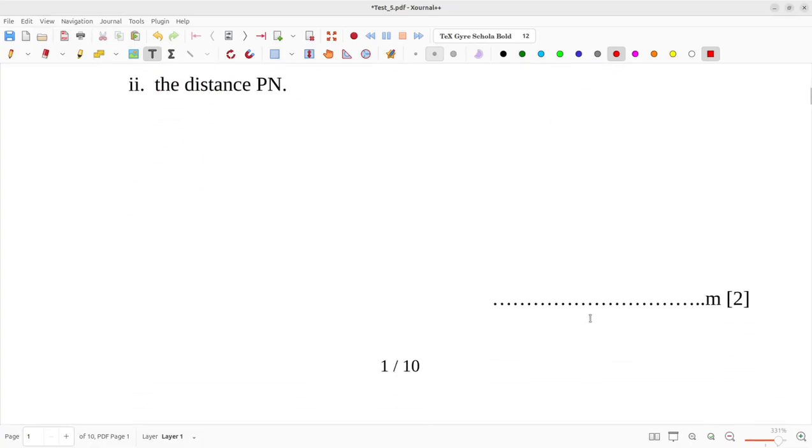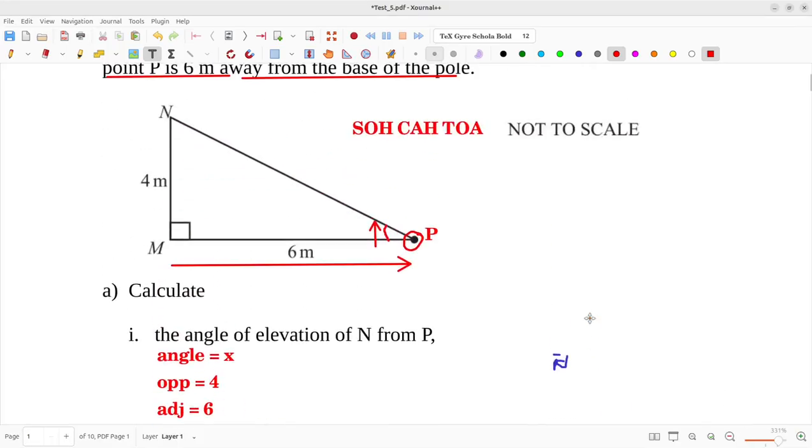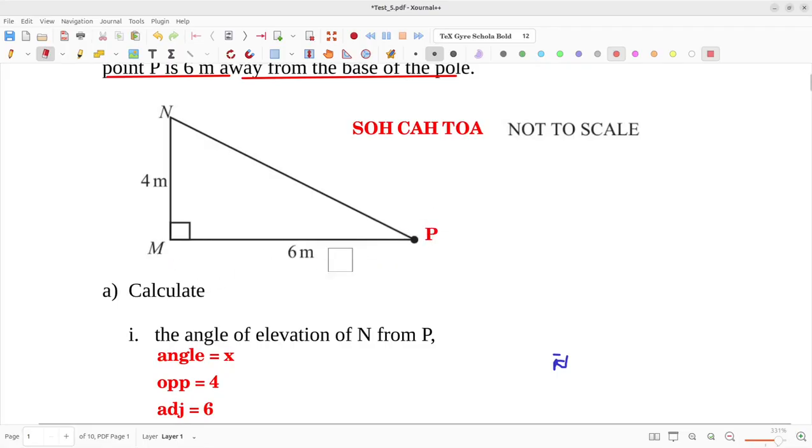Next question, the distance PN. First of all, let's check what do we have here. Distance PN, it's actually this distance up here, that I've highlighted in blue.